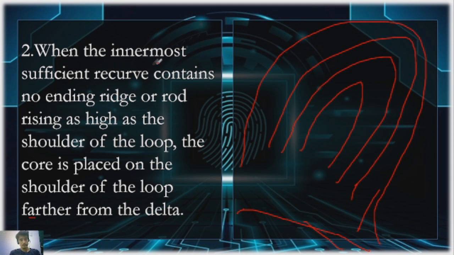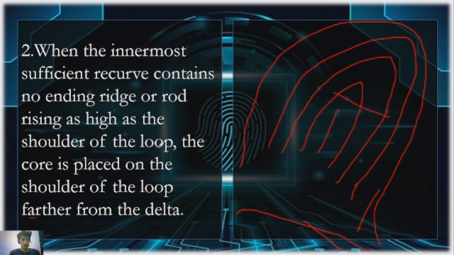So it says in here, when the innermost sufficient recurve contains no ending ridge or rod, okay, so let's put some rod in here. Rod rising as high as the shoulder of the loop. Okay, so again, let's locate the shoulder of the loop in here. So the shoulder is this area.